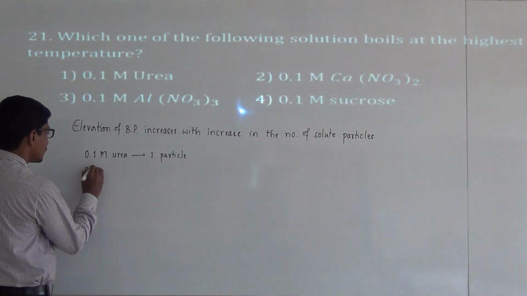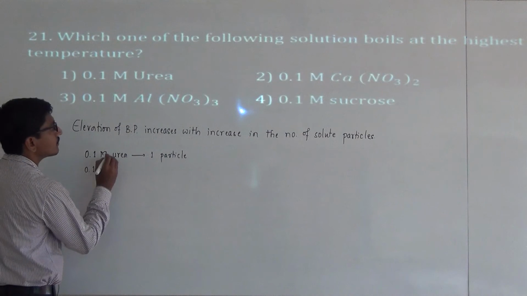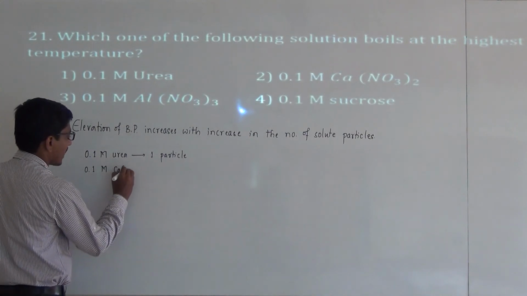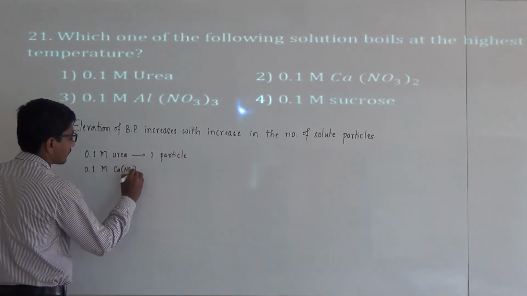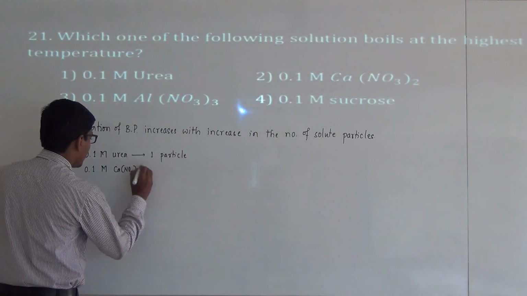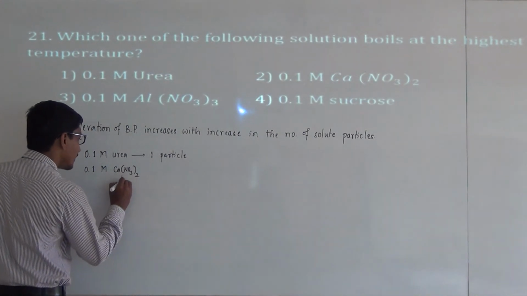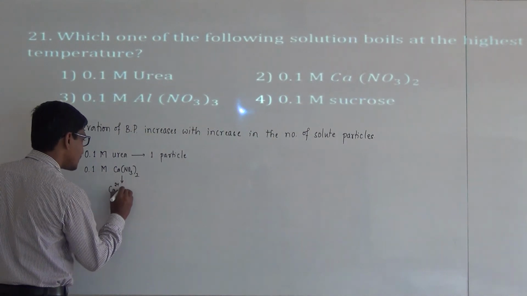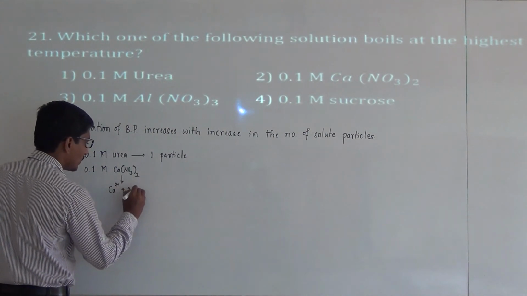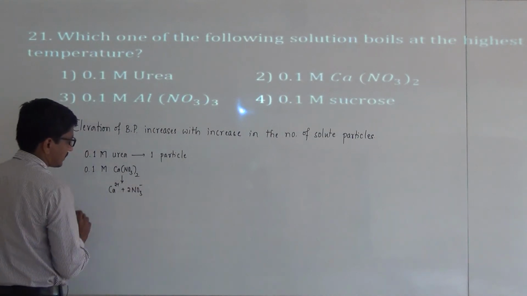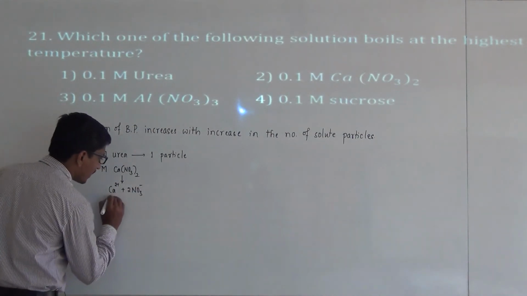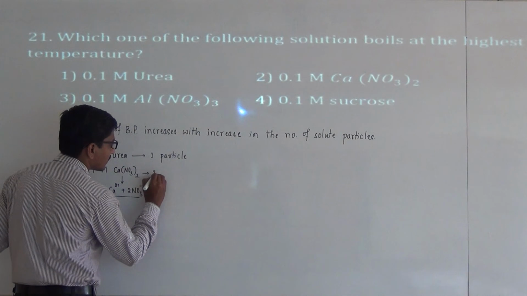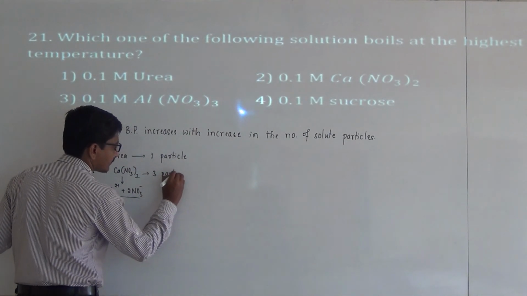In the second option, 0.1 m calcium nitrate. This dissociates into Ca2+ and 2NO3-, and the number of particles is 3.